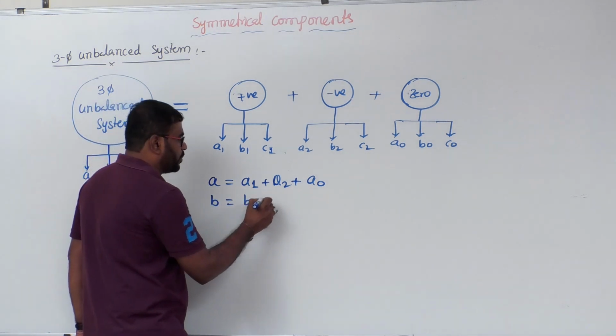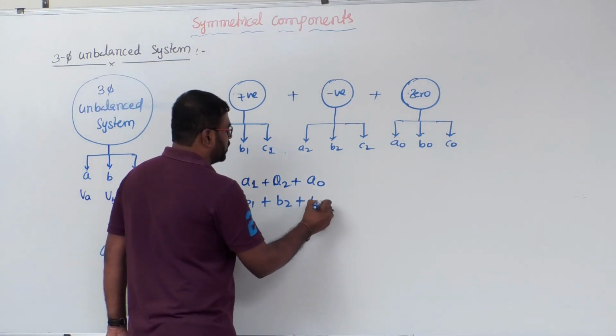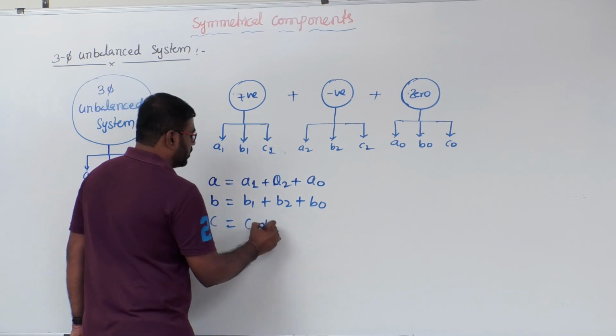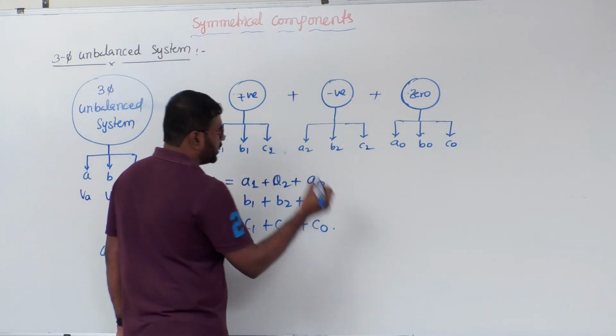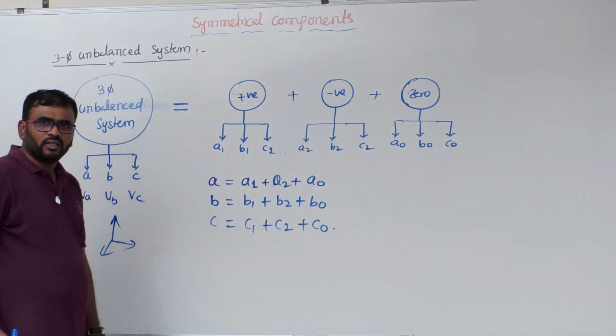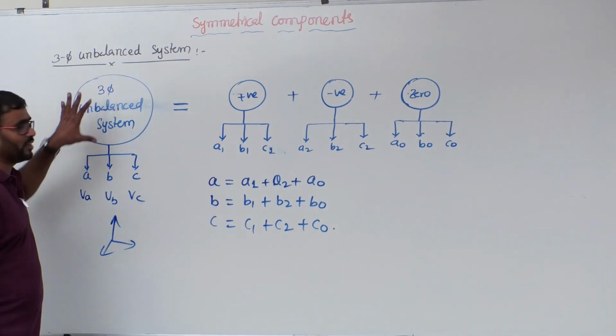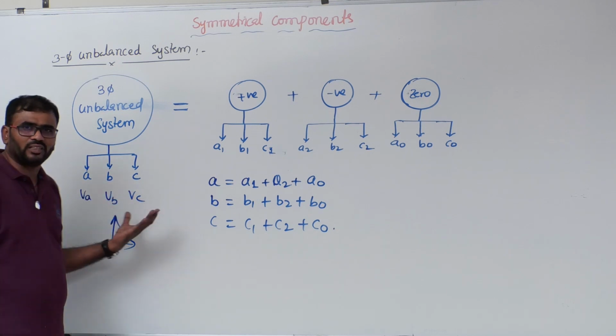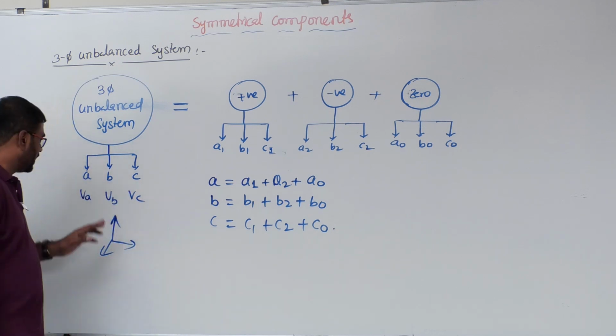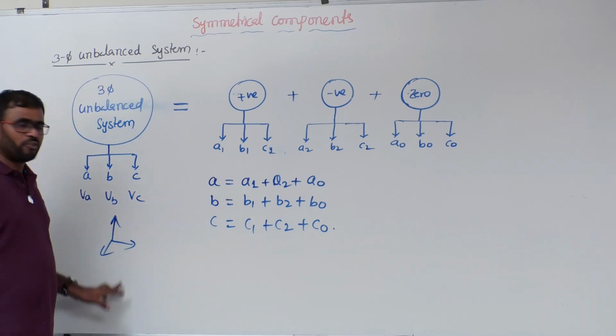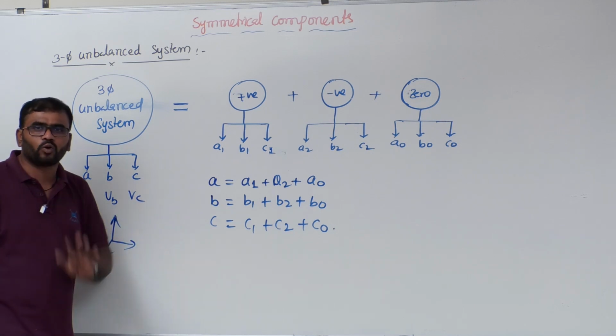Phasor B can be written as B1 plus B2 plus B0, and C as C1 plus C2 plus C0. Clear? The point here is, if I want to solve a three-phase unbalanced system directly, that is not easy. Why? Because the network becomes unbalanced. VA plus VB plus VC is not equal to 0.